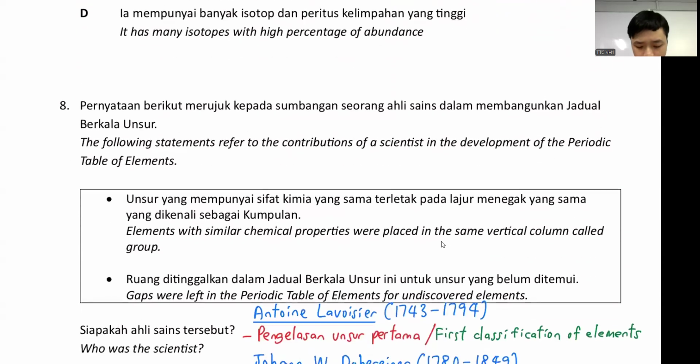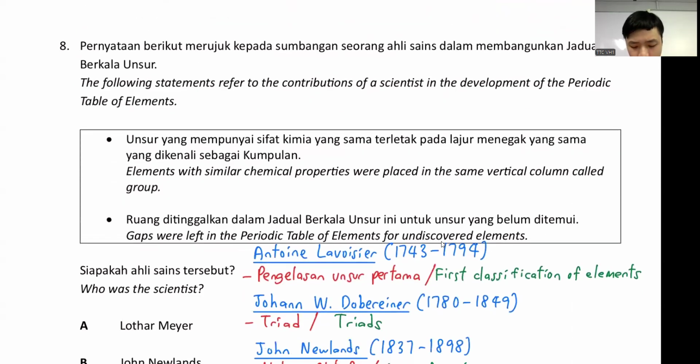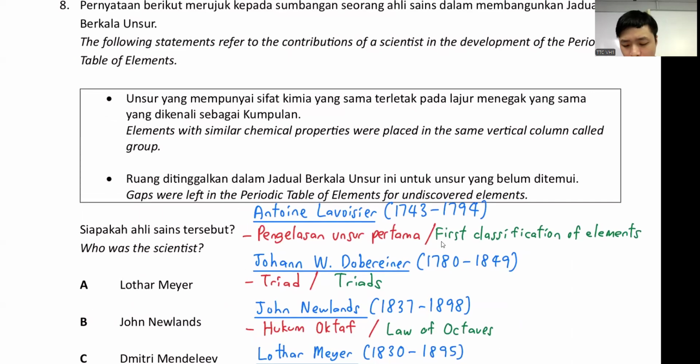Okay, and then question 8. The following statements refer to the contributions of a scientist in the development of the periodic table. So this one is also the history part. You have two history parts: just now in Form 4 Chapter 2, and now in Form 4 Chapter 4.